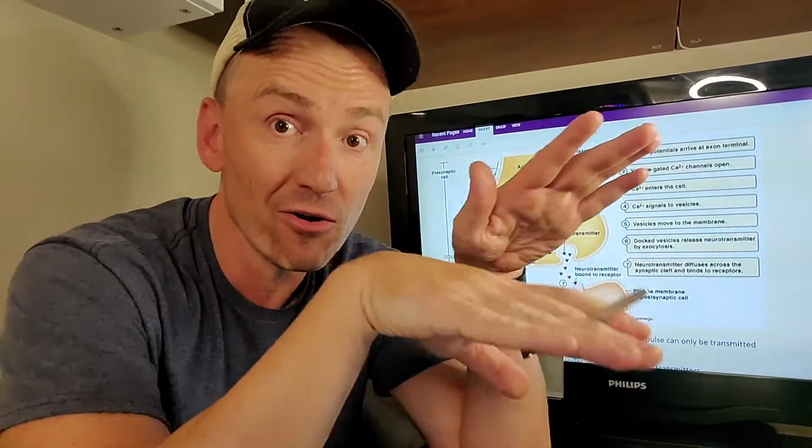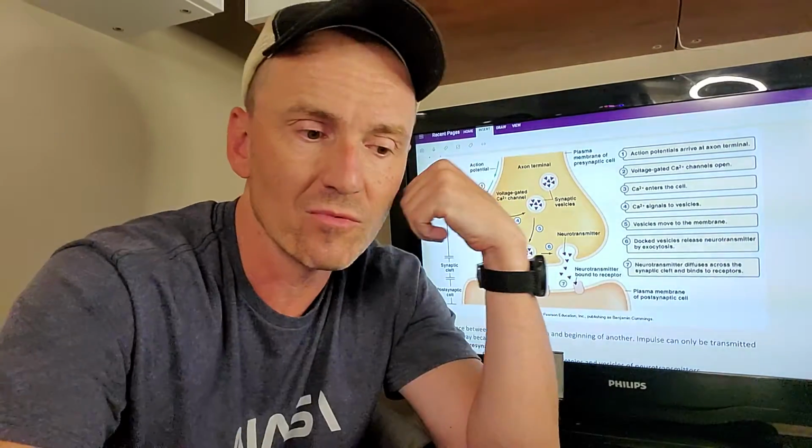Depending on which neurotransmitter is in the synaptic cleft, or what the ratio of those neurotransmitters is, will determine what that organ or muscle or gland is doing and how much of it it's doing.